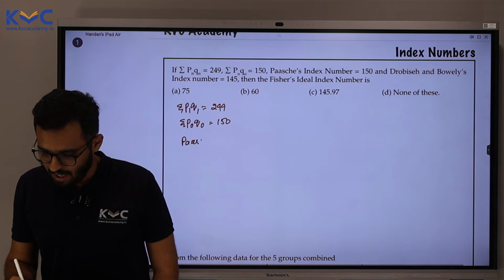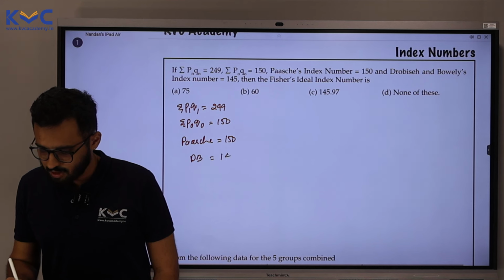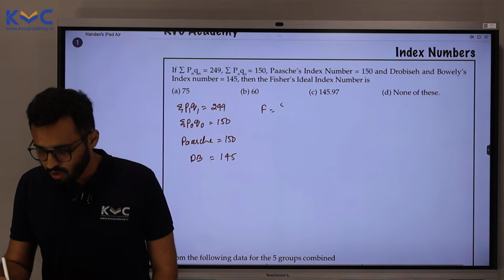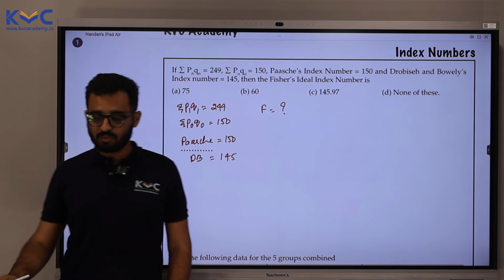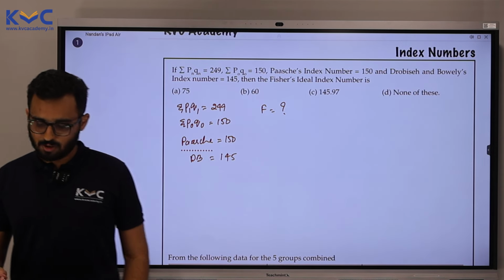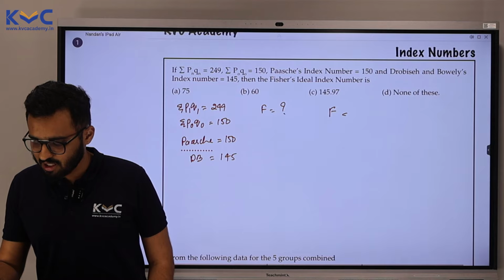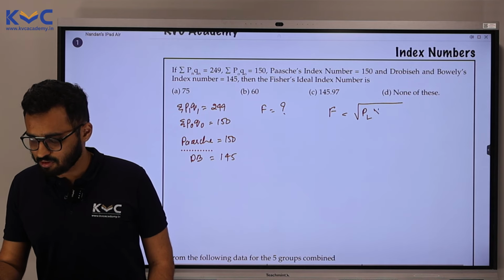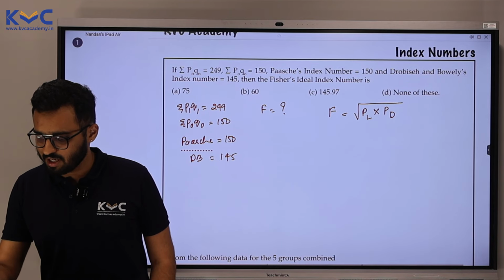Now, the minute you have Paasche and Dorbish-Bowley, definitely you should get an indication they are trying to tell you to solve using this one, right?